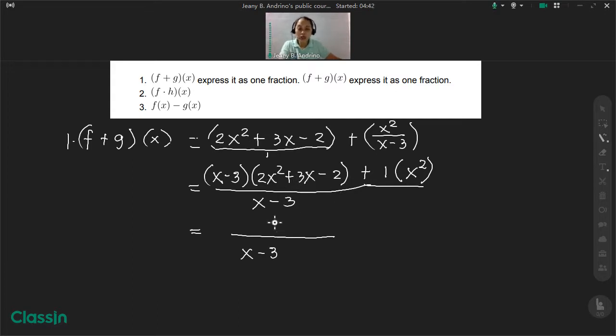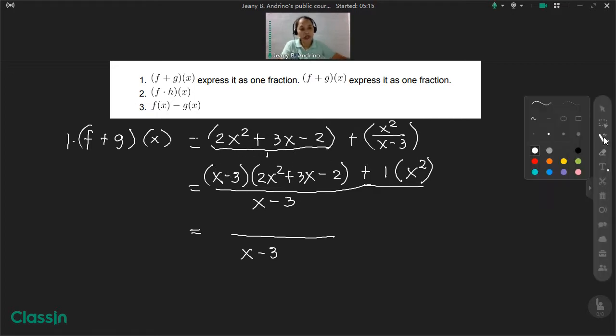Now, there are different ways to multiply a binomial and a trinomial or polynomial. First, you can distribute each of your terms in the binomial to the trinomial, or you can make use of my own method, which I'll be teaching later once I'm done with the distribution. So first, using distribution, you can have here x, distribute that one on the trinomial.